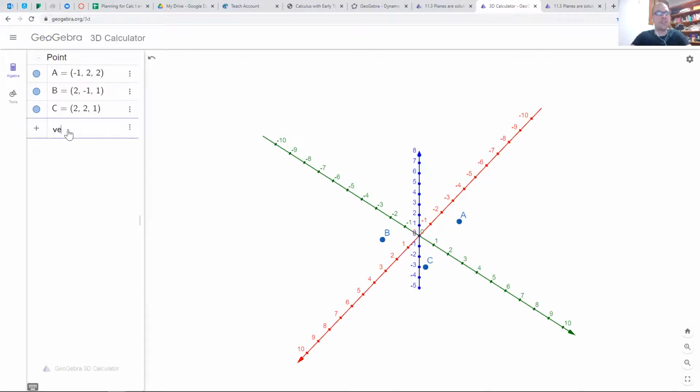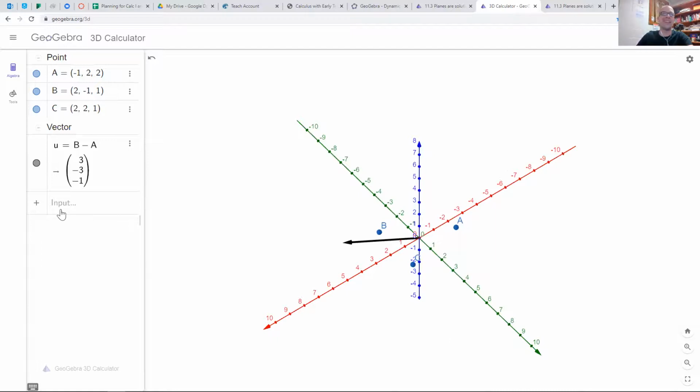There actually is a vector command where you can just put in the start point and end point, but I kind of like to use the math. So let's make a vector u, and all we'd have to do is do b minus a, since we've already got those points. Oh, I guess the vector in between 2 points is superior.